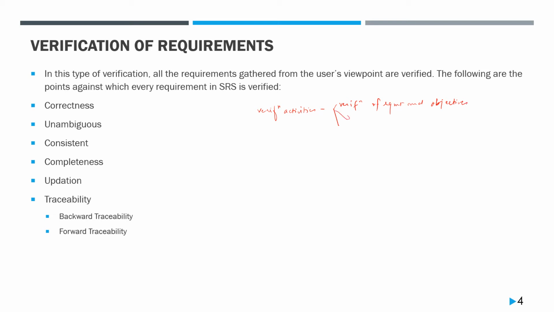Then the second thing is verification of high level design. Third thing is verification of low level design. And the fourth thing is verification of coding. Fine. This is unit verification.